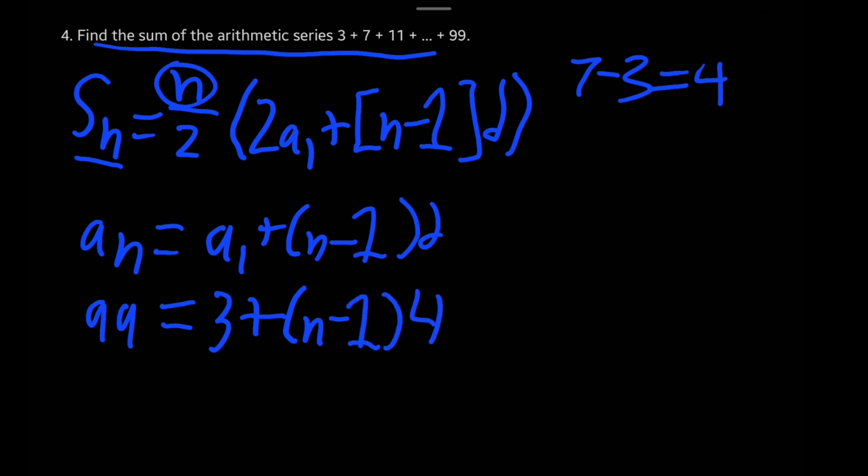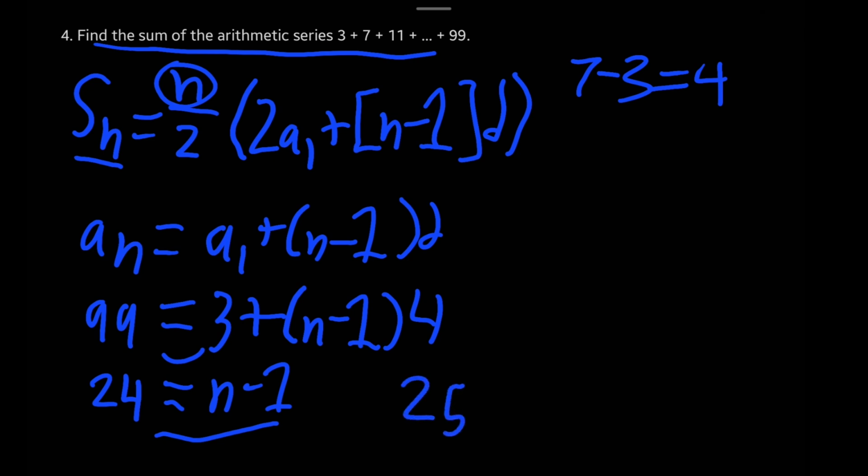So we'll just do some basic algebra here. We'll move this positive 3 to the left side, which gives us 96, and 96 divided by 4 would be 24. We move this 1 to the other side, and we get n equals 25, or 99 in this sequence is the 25th term.